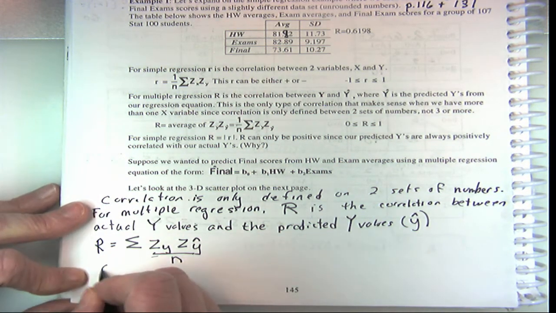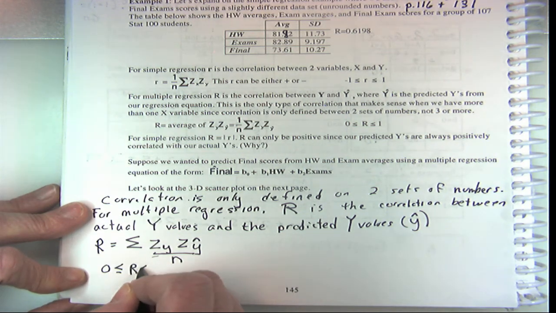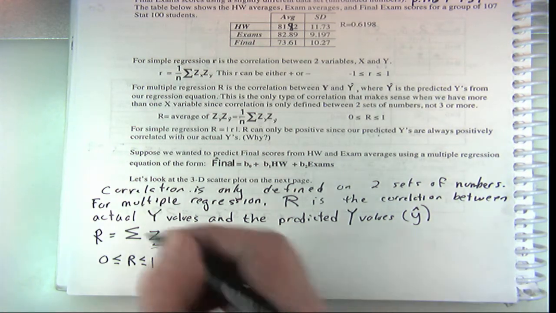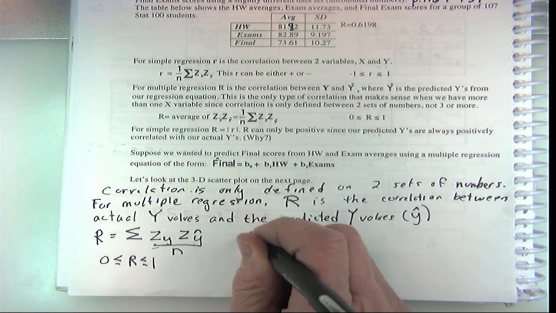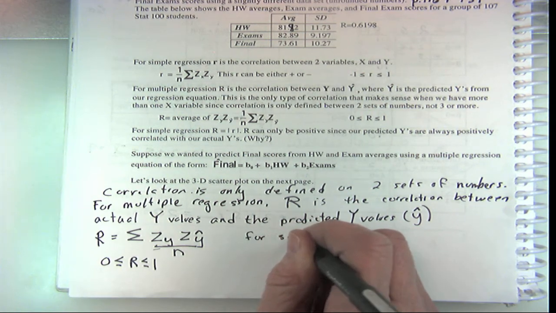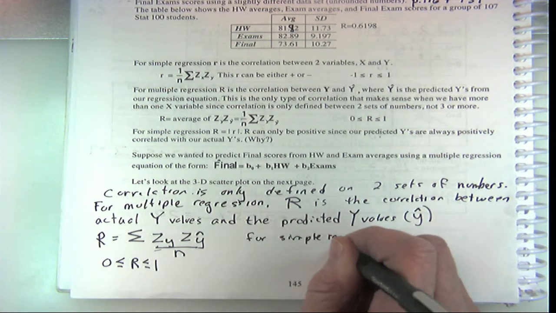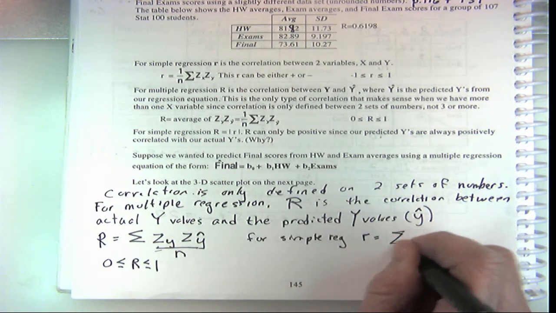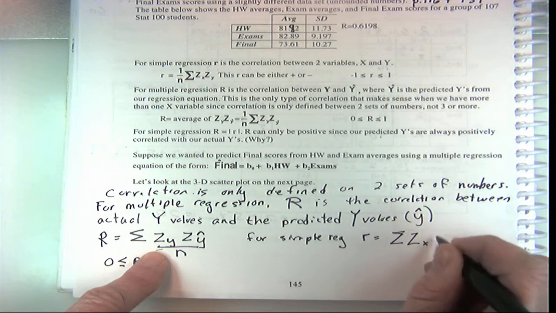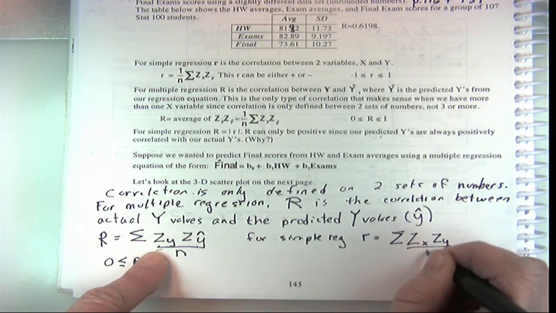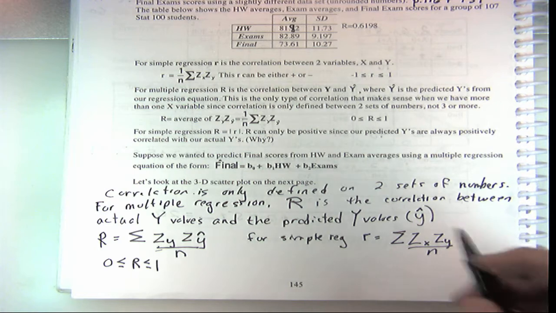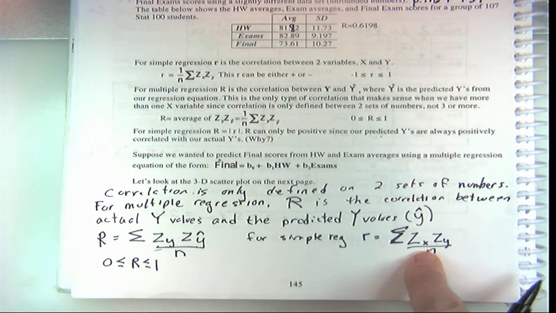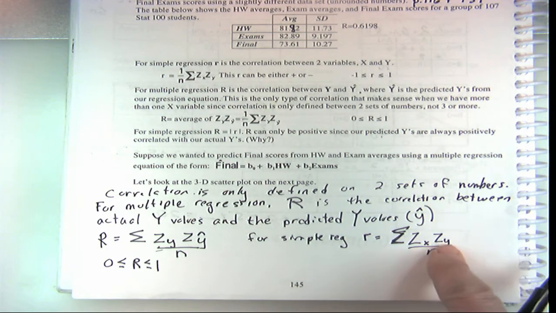So it would be between 0 and 1. And remember, that's for multiple regression. For simple regression, we have little r, and that's defined as the sum from i equals 1 to n, however many pairs you have, of z_x times z_y, divided by n.